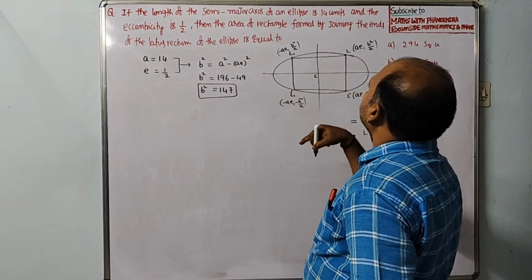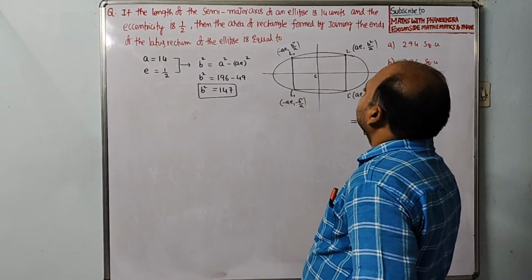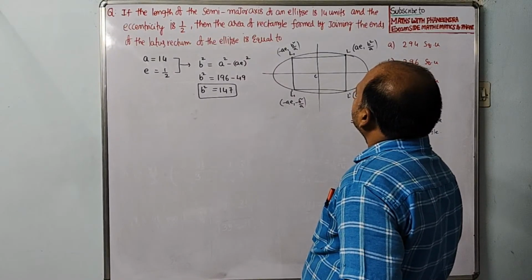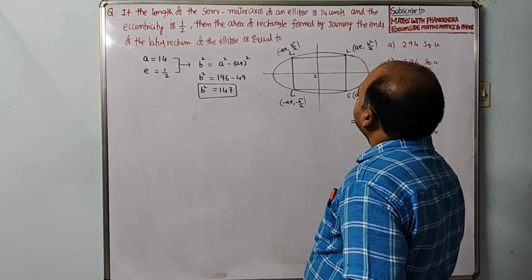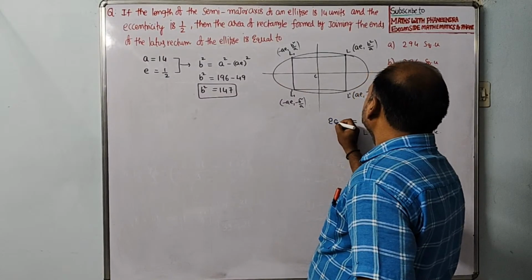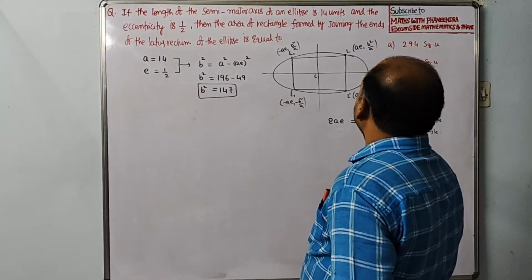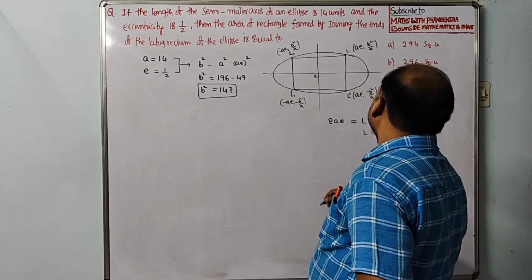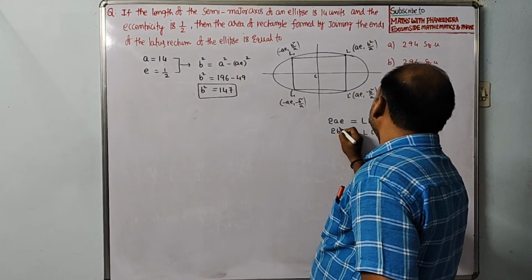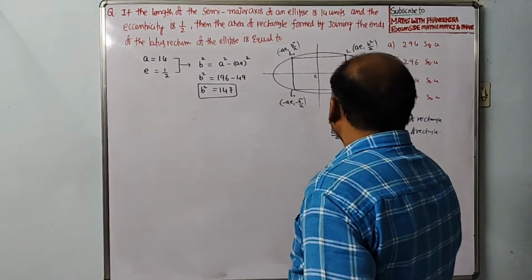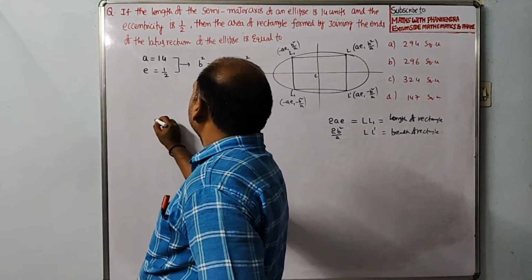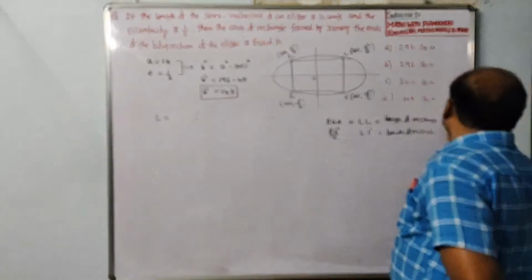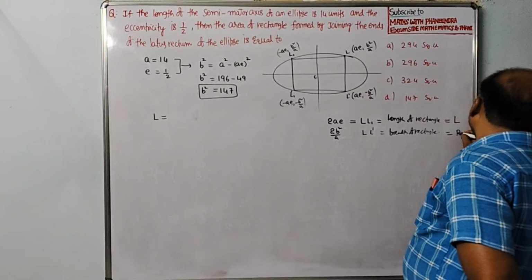The distance, after the square root and square cancel, is 2AE. Next, these two: 2B square by A. So I am taking this as the length and this as the breadth.